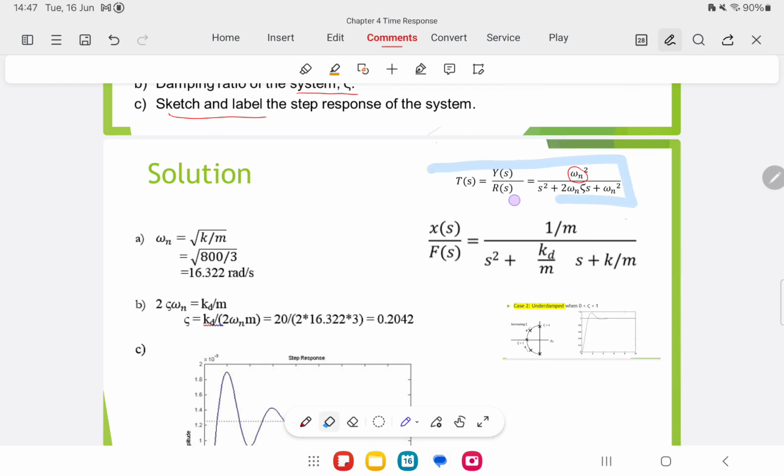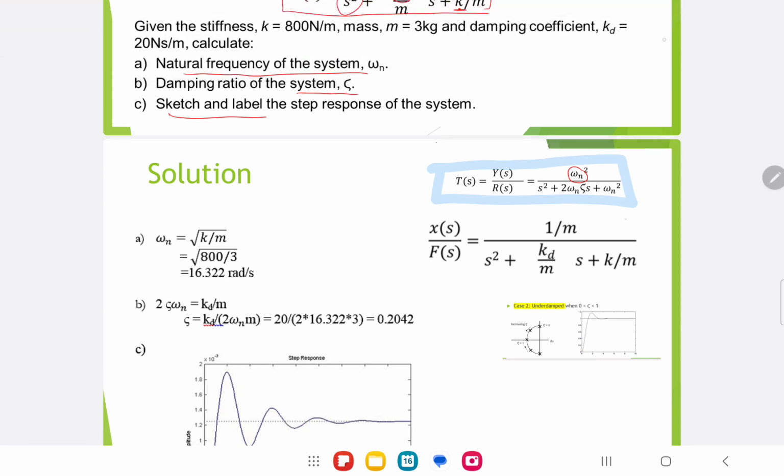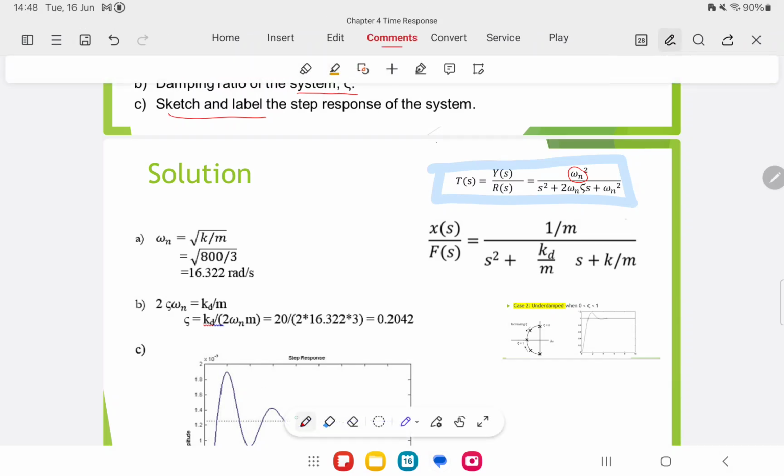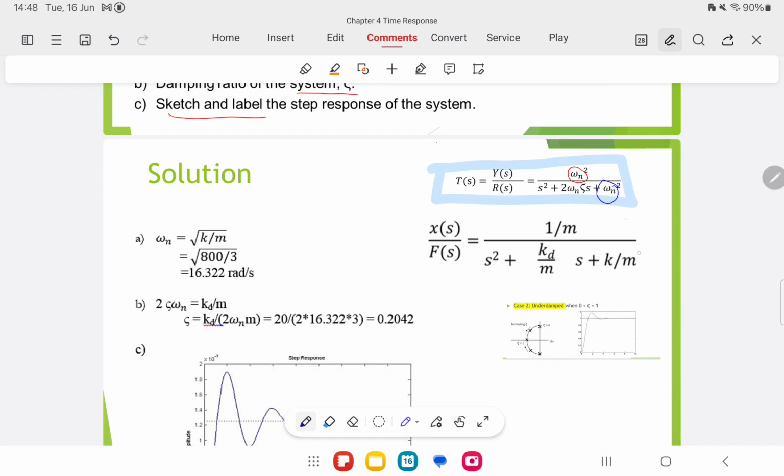This is fixed. Okay, so you need to compare je. Very simple. Just compare the value, kan? So omega n masukkan je lah kat sini. Compare, ambil yang omega n. Yeah, so omega n yang ni, so you just ambil this one.